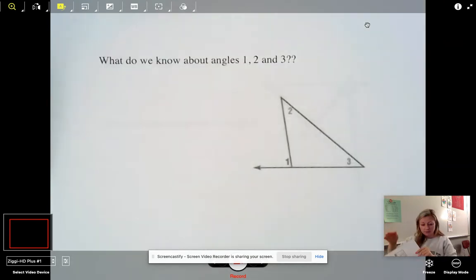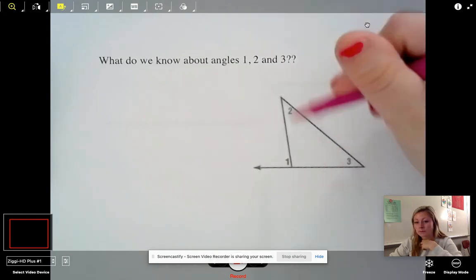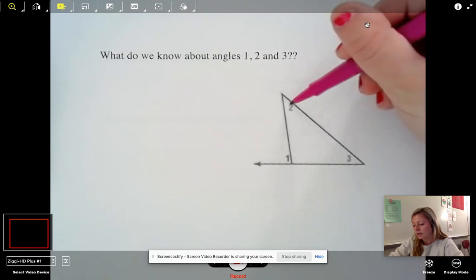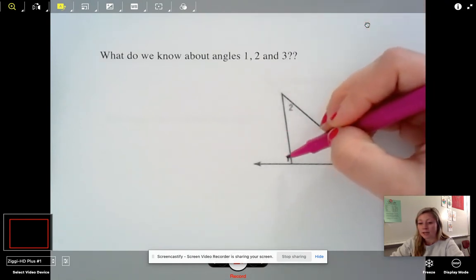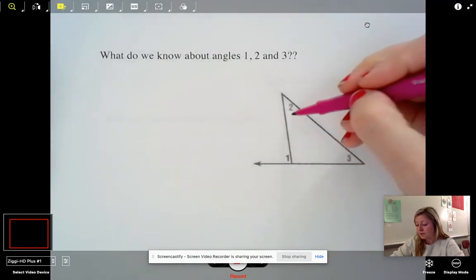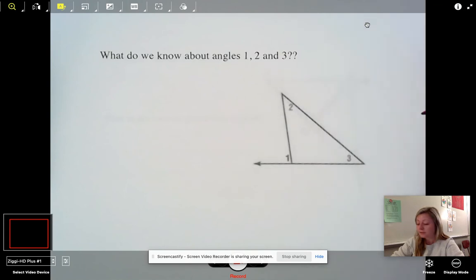So now this is where you are in your notes. It says, what do we know about angles 1, 2, and 3? I'm making you think back to the beginning of November, probably, when we talked about angle measures in a triangle. We learned a relationship between these three angles, a shortcut is what I called it. This would be an exterior angle of our triangle, and these would be our two remote interior angles.